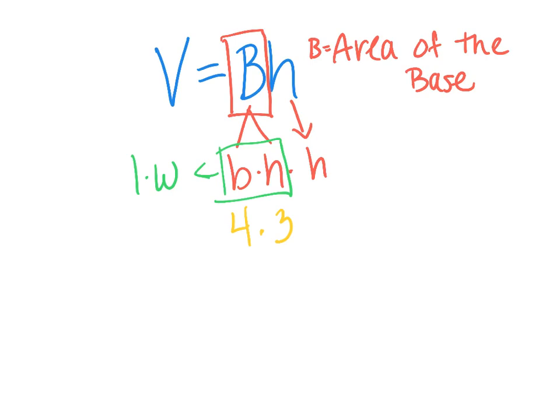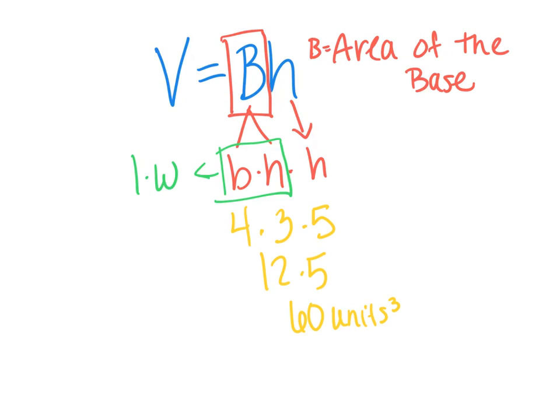So 4 times 3 times 5. 4 times 3 is what? 12, times 5 is 60. And that's what we got when we counted these up before, right? We counted these up and we decided there were 60 units. So we would do 60 units cubed because it's volume and it's 3-dimensional.